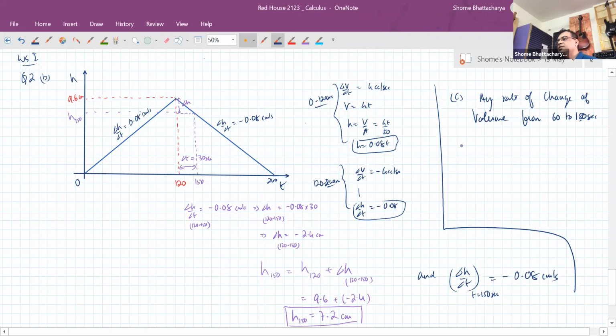Okay, so we will define this average rate of change of volume as this. Okay. So it is the volume at 150 seconds minus the volume at 60 seconds divided by the time interval.